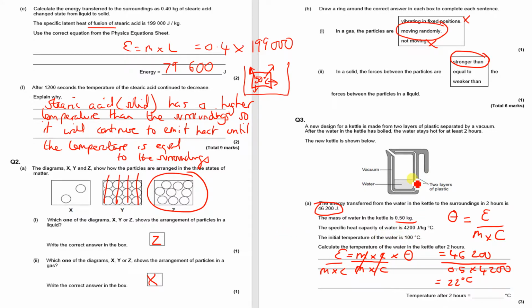Remember, we've just said that it's going to emit radiation, so it must get colder. So if it starts off at 100 degrees C, the temperature of the water in the kettle after 2 hours will be 22 degrees C less than 100, so 100 minus 22 gives us a temperature of 78 degrees C.